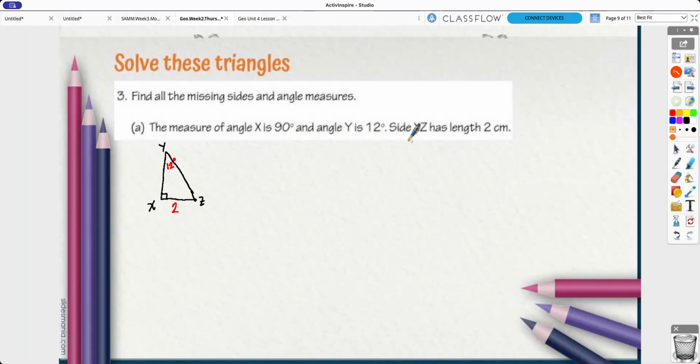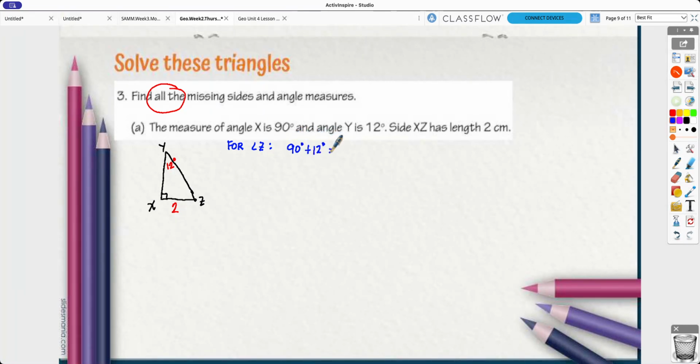Now it says find all the missing sides and angle measures. Let's start with the angle. Okay, so we're missing angle z. So let's solve for angle z. Okay, we know that we have two angles here, the 90 degrees and the 12 degrees.